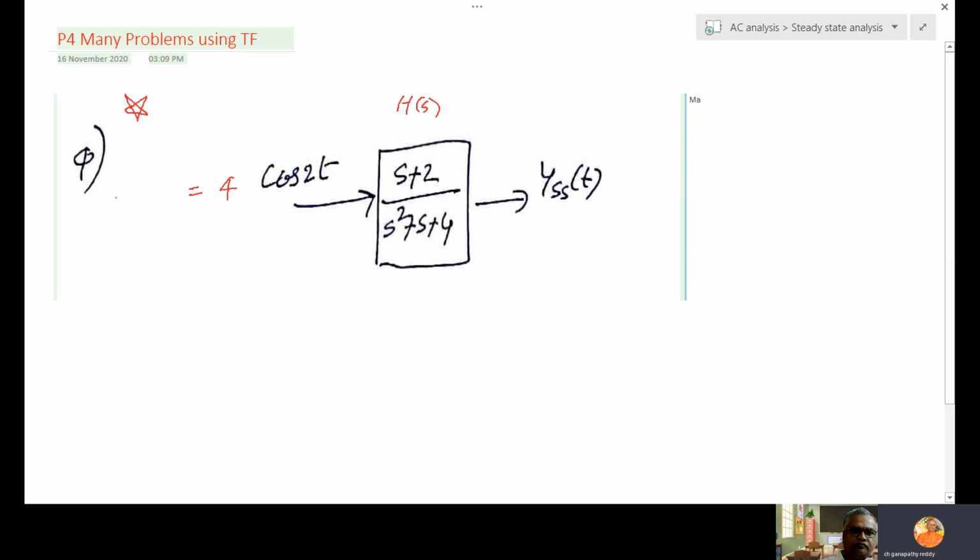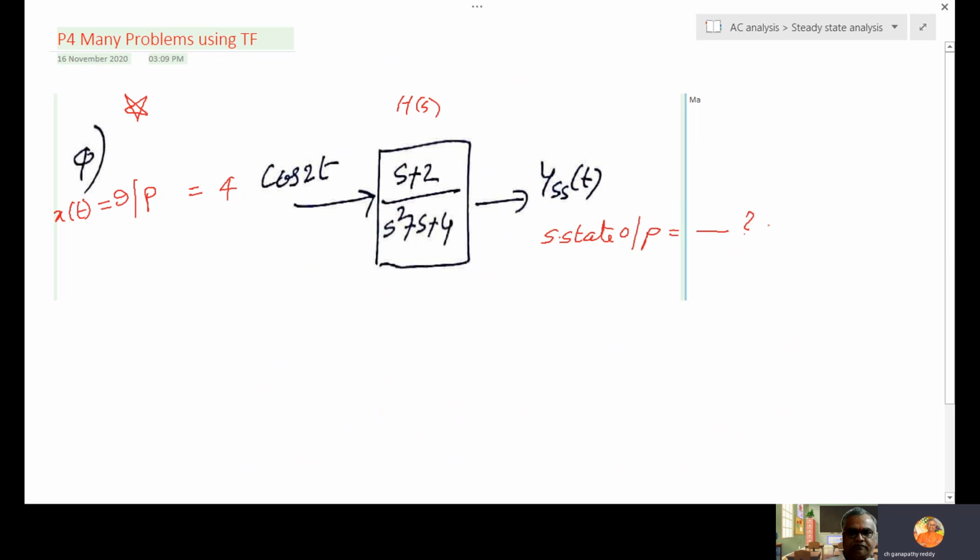This is the input, x of t, equal to 4 cos 2t applied. H of s is the system transfer function. You have to find the steady state output, Yss.